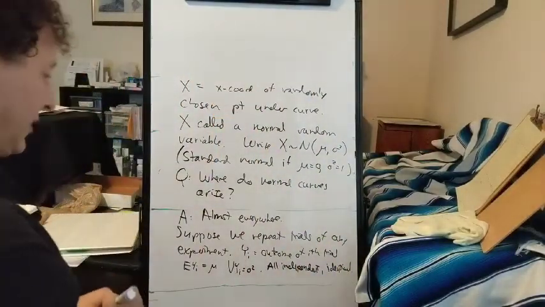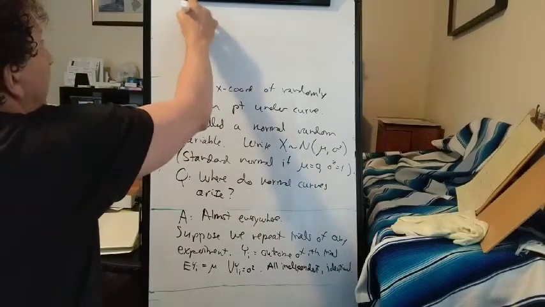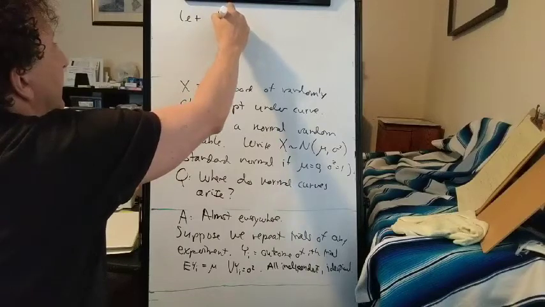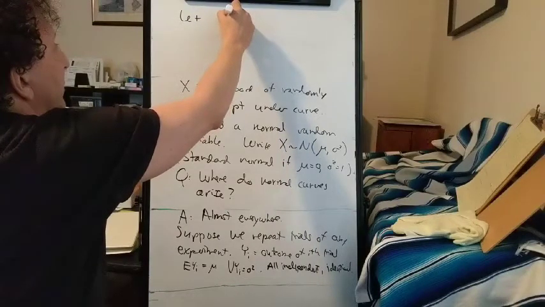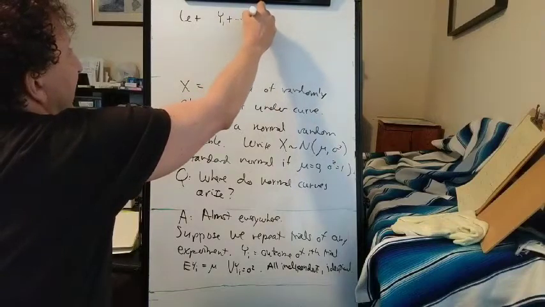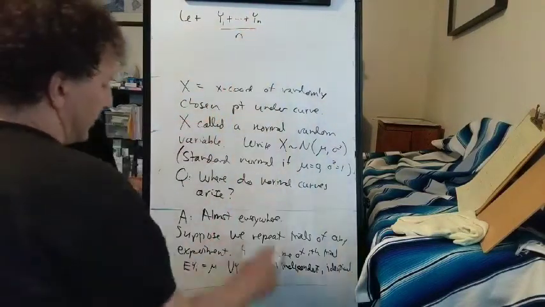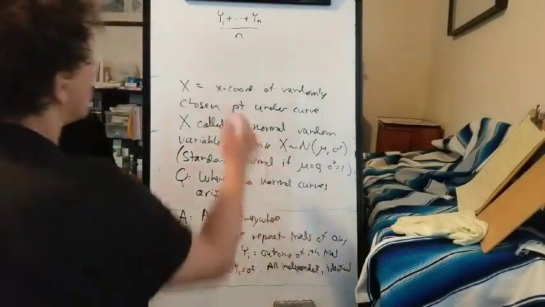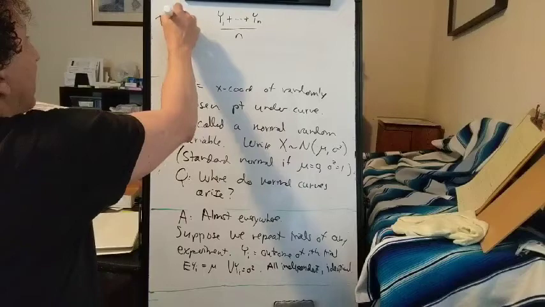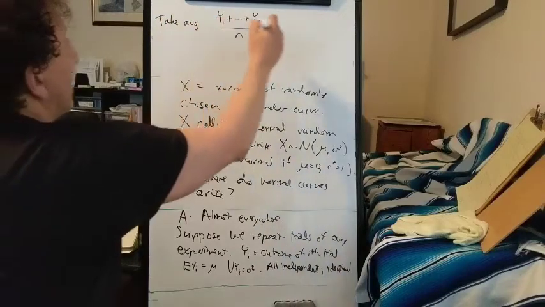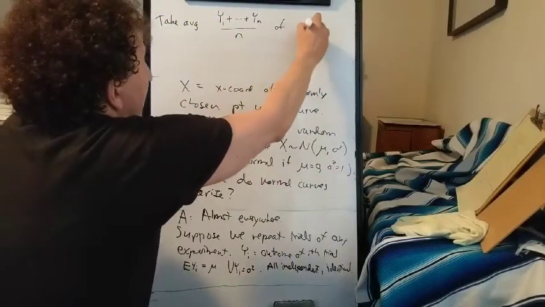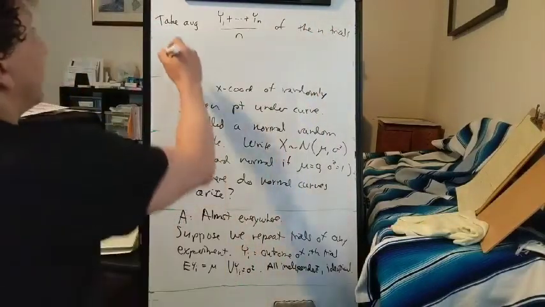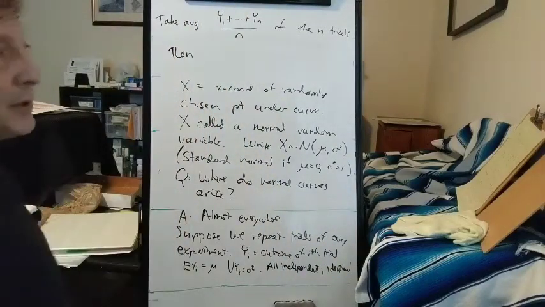So suppose we repeat the trials, and let's consider the random variable that we get by taking the average of all the trials. So we do n trials and we take the average. So then this is a random variable itself.